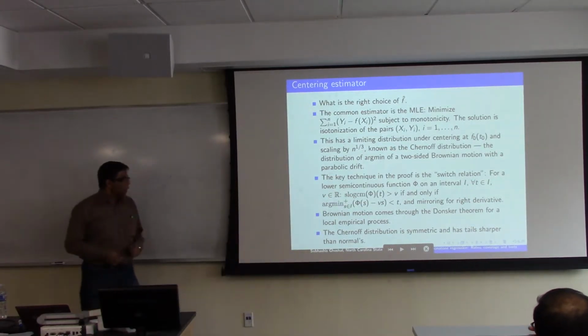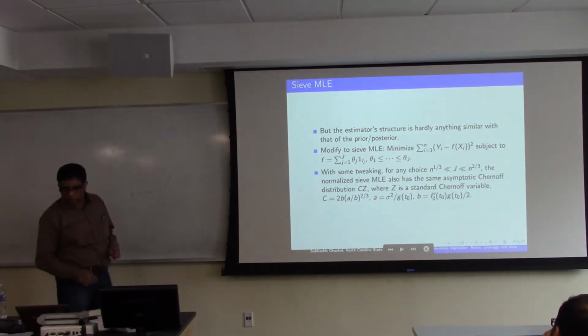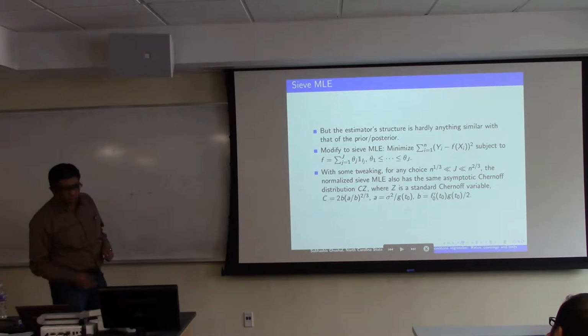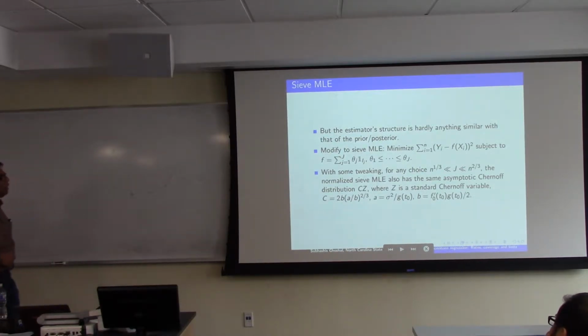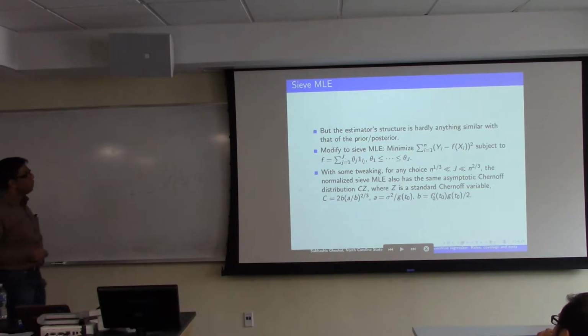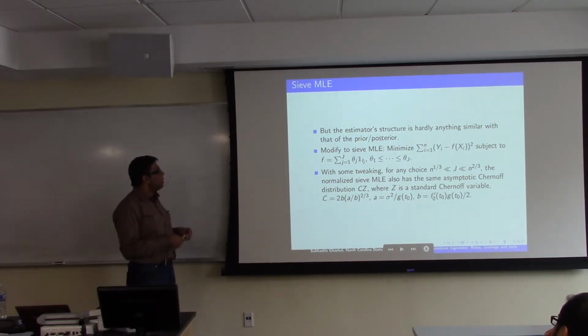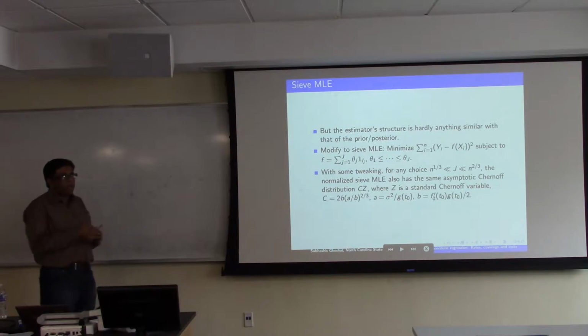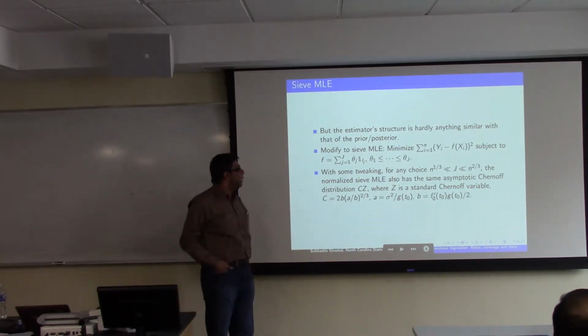So that's the usual thing, but in this case, the estimator that we have there is in nature a bit different from what we are using. So we have to make them somewhat similar, otherwise it's not possible to deal with these two things together. So we modify that estimator by looking at the corresponding sieve maximum likelihood estimator.